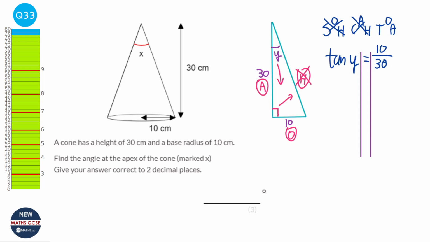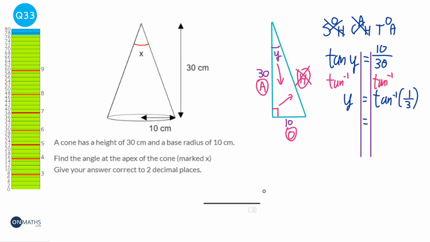We're going to inverse tan both sides, so that will just leave y on the left hand side, and then we need to find out what the inverse tan of a third is. The inverse tan of a third is 18.434 and so on.